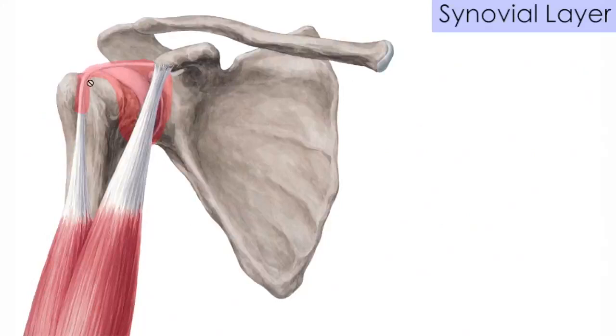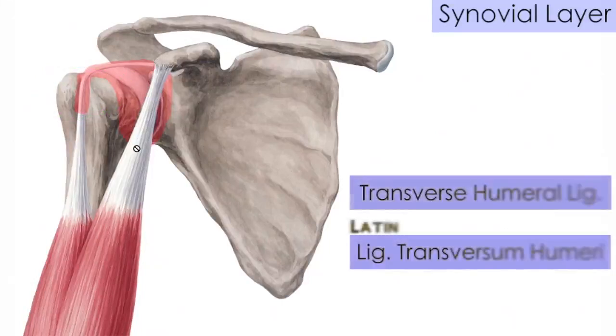And you can see, the way I highlight it, that the capsule, or the synovial layer of the capsule, surrounds the tendon of the long head of the biceps and extends beyond the transverse humeral ligament. We're going to talk about this ligament later on, but I can show you that it's connecting the two tuberosities.